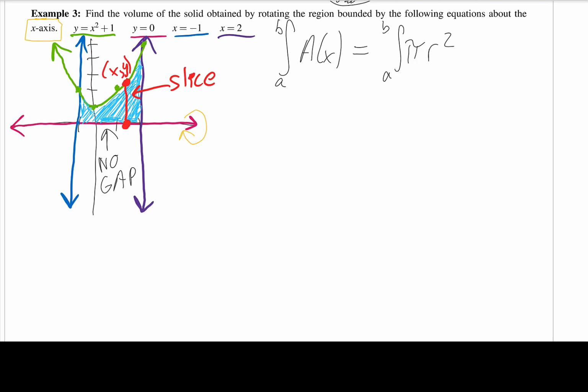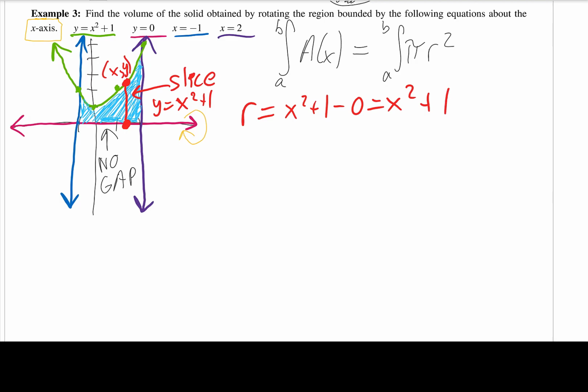Well, the second red dot, the one on the bottom, is on the x-axis, so it has a y value of 0. And we know this y value up here on the upper red dot can be represented by y equals x squared plus 1. So that tells me that r is equal to x squared plus 1 minus 0, which is just going to be x squared plus 1.